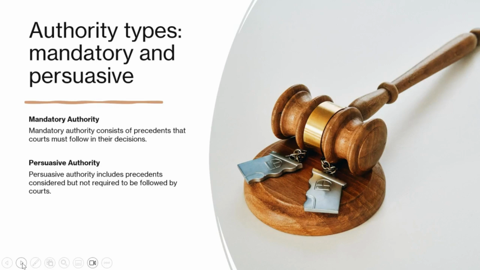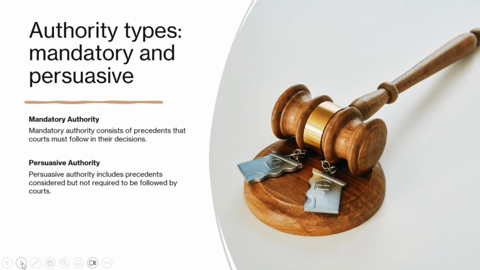And then there's persuasive authority, and that means the judge can follow it if they want, but it's not mandatory. And there are jurisdictional components to that. Obviously, if something comes from a different jurisdiction than the one that you're arguing a claim in, it may not be mandatory.